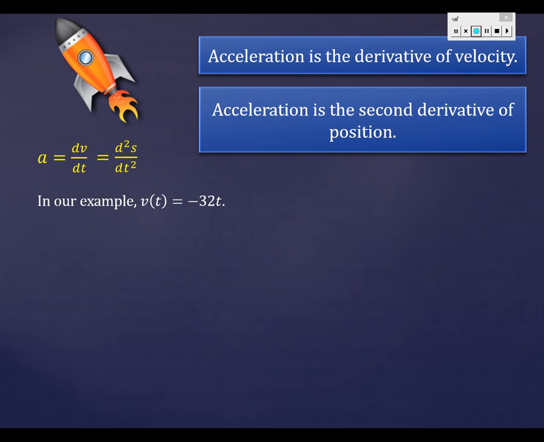So in our example that we just did, what's the acceleration? It's negative 32, right? Just straight up negative 32. So what's your acceleration at t equals 1? And what's your acceleration at t equals 2? And 3, and so on. It's always negative 32, constantly. And this maybe already gives you some insight into why the original equations look the way they did.